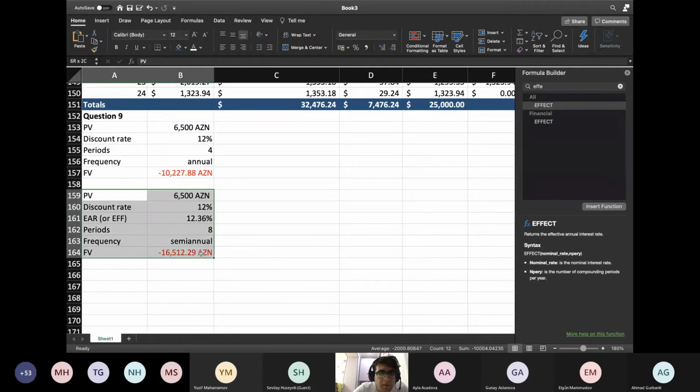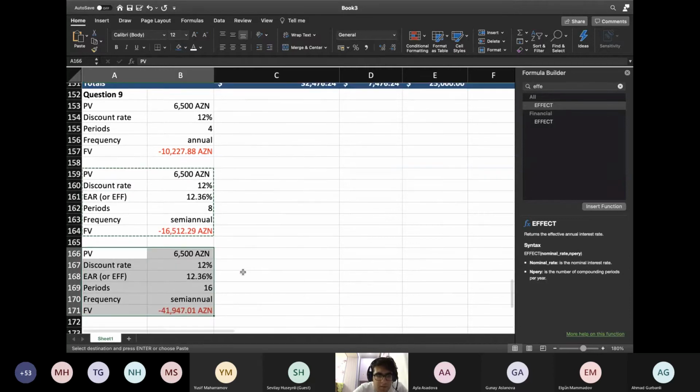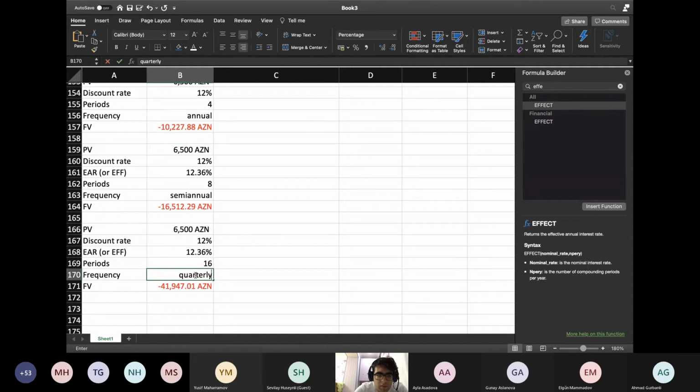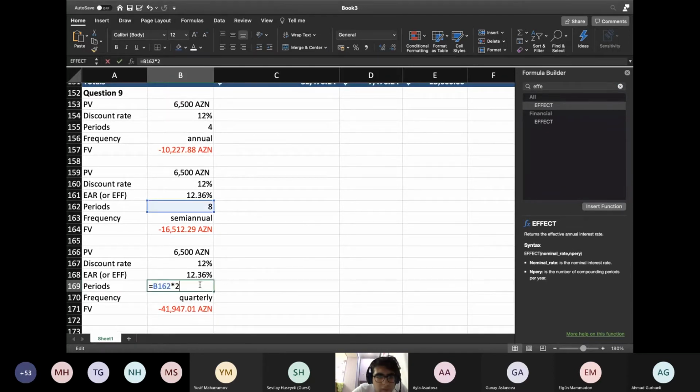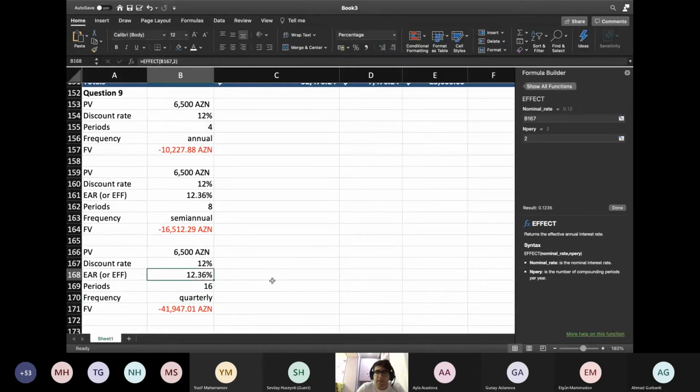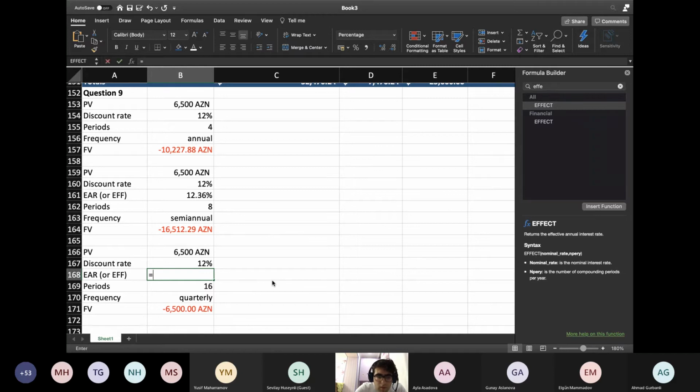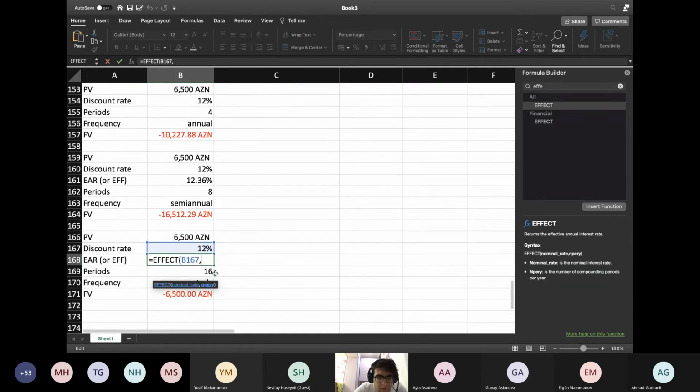So we have semi-annual, then quarterly. Type quarterly. In quarterly, we have periods: annual is 4 periods, 16, and let's calculate the effective annual rate for quarterly, equal EFFECT, nominal rate, this one, comma, number of periods per year.